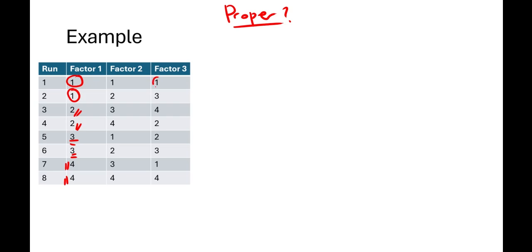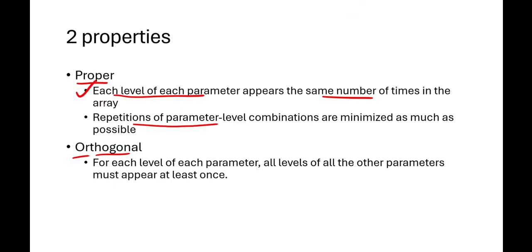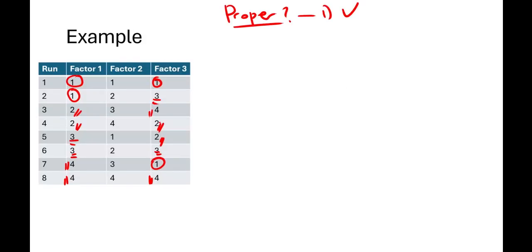For factor 3, level 1 appears twice, level 2 appears twice, level 3 appears twice, level 4 appears twice. So it means that the first condition of being proper is okay. This one has passed test one. You can also check factor 2 and you will see that it is proper. Now the second thing for whether it is proper or not, let's see that.